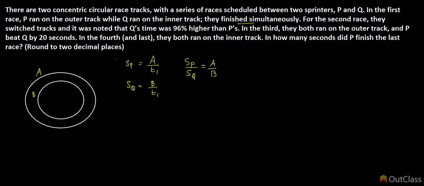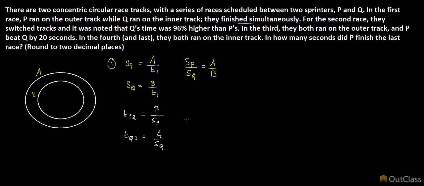That's the first race. What happens in the second race is that the time taken by P in the second race is distance B by speed. Time taken by Q in the second race is distance by speed.